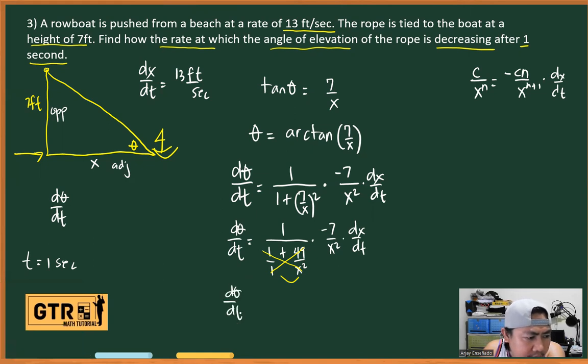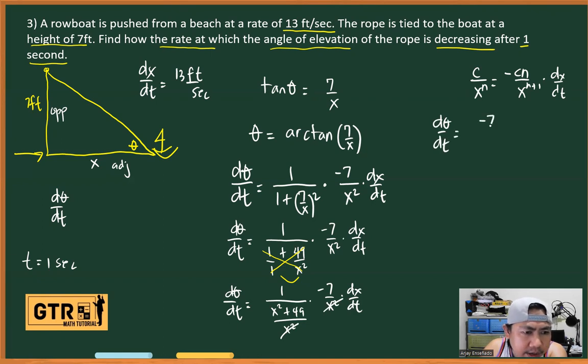D theta over dt is equal to 1 over 1 times x squared, so we have x squared plus 49 all over x squared times negative 7 over x squared times dx over dt. So we can cancel out x squared and x squared here. So therefore, we have d theta over dt equals negative 7 over x squared plus 49 times dx over dt.